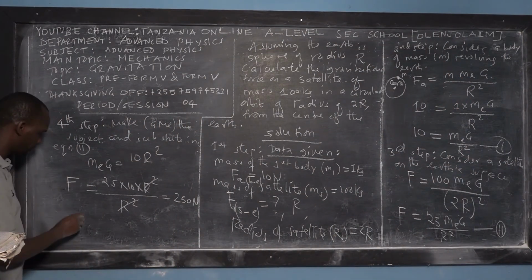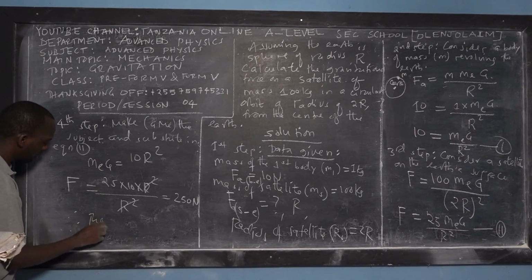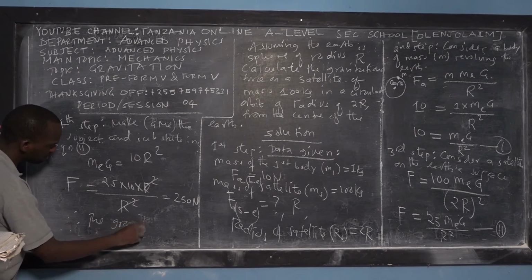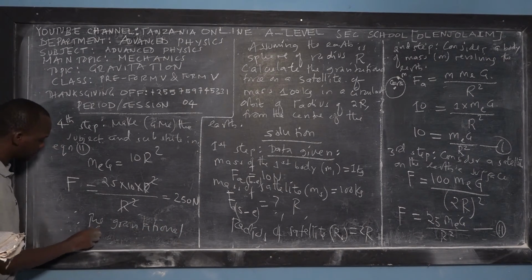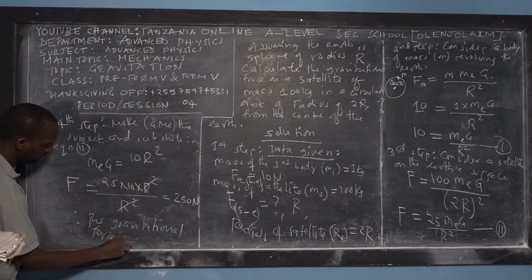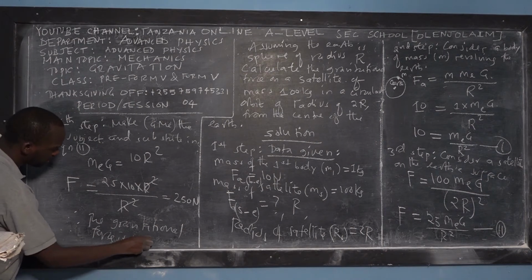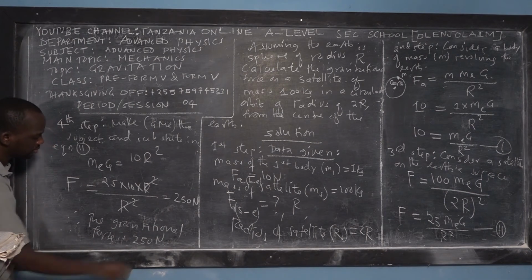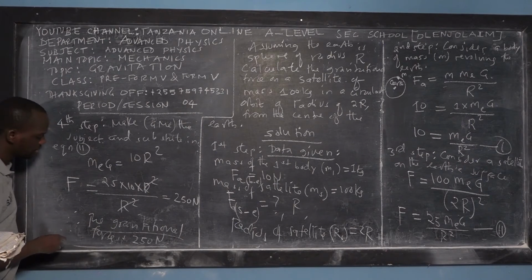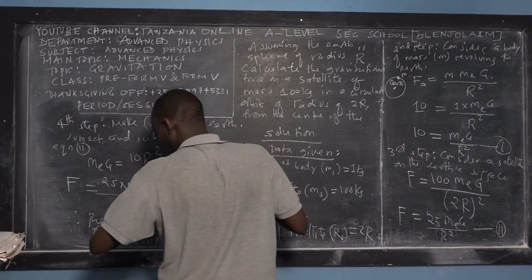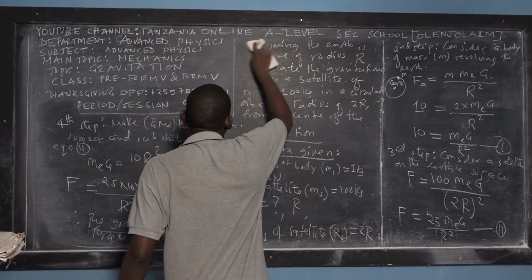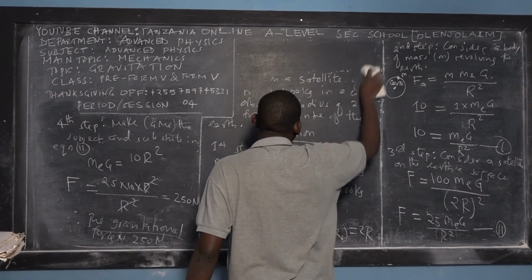Enjoy the beauty of physics. So therefore, the gravitational force is 250 Newton of the satellite. So I believe that now you are competent in solving problems of gravitation, this concept.